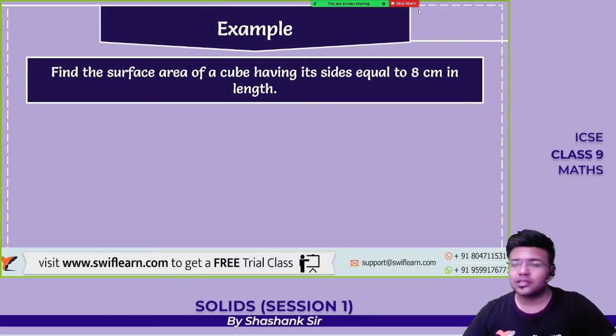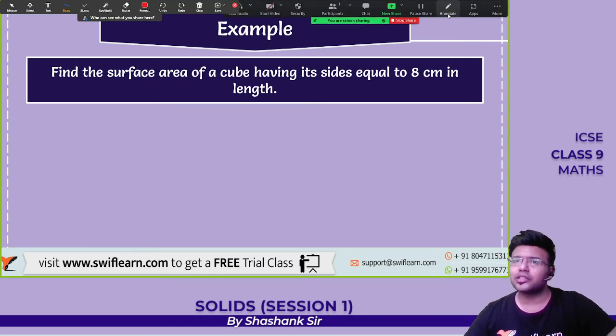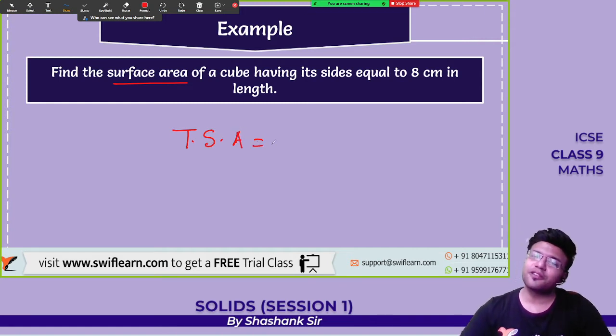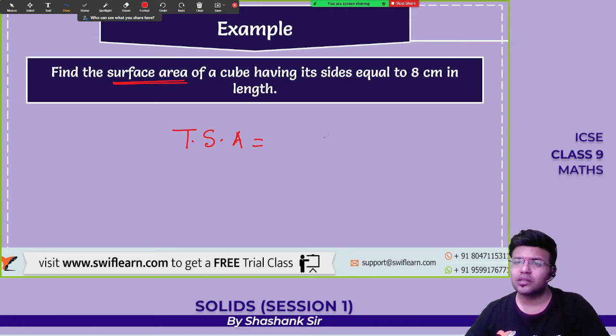Yes, different notations. Now find the area of a cube having its side equal to 8 centimeter in length. Surface area means total surface area. If they mention lateral surface area, you should find the lateral surface area. If they only mention surface area, you need to assume it is the total surface area.